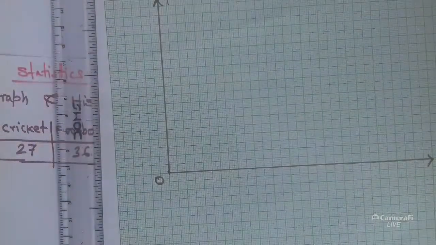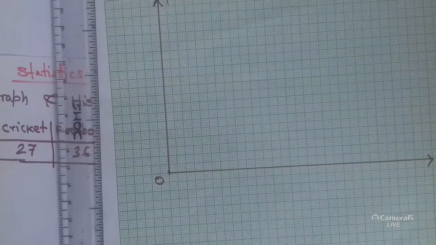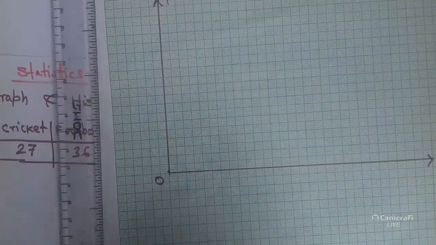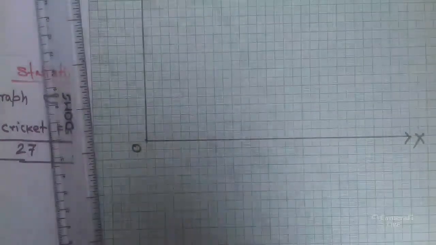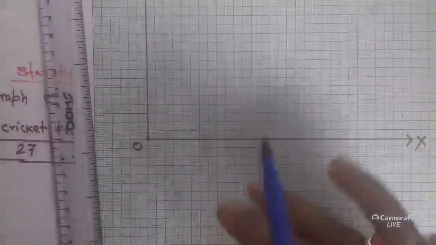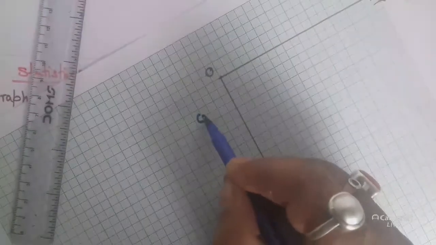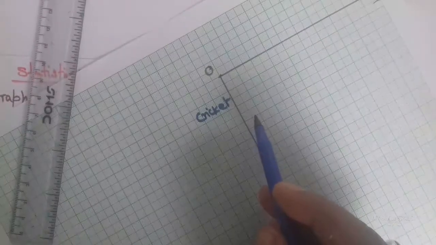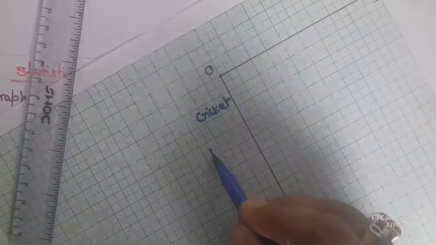Now after this we have to write the games' names along the x axis. At first we leave one box and then write the name of the game, which is cricket. Then again we leave one box and write football. Again we leave one box, then write basketball.